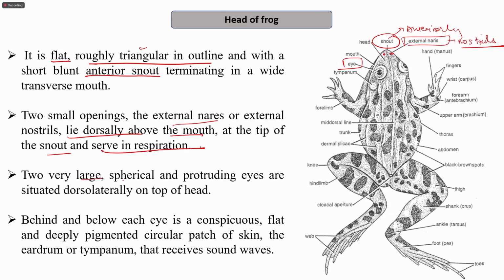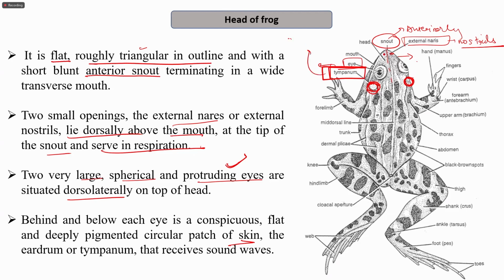Two very large spherical and protruding eyes are situated dorsolaterally, on the lateral sides of the head, on the top of the head. Behind and below each eye is a conspicuous, flat and deeply pigmented circular patch of skin, which is known as the tympanum or the eardrum.